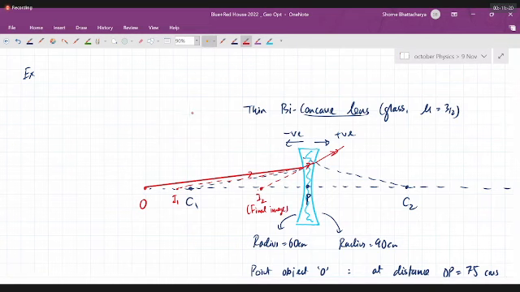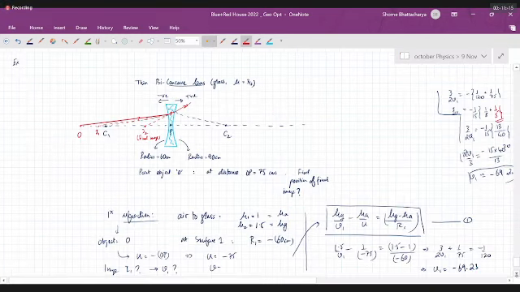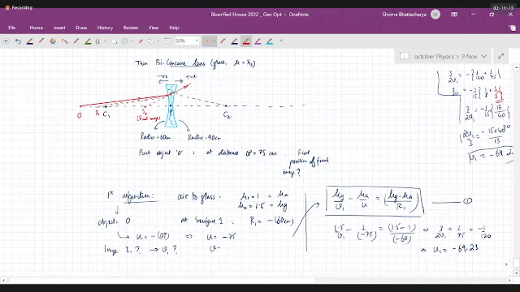So I'm coming to that second part. We have solved the first refraction so far. So the refracted ray inside the glass, in between the two surfaces, appears to be coming from I1, which is at this kind of distance.